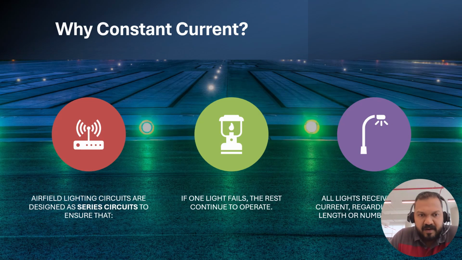Why constant current? Usually airfield lights are connected in series, by connecting isolating transformers. From the transformers we pull the cables throughout the duct bank, primary and secondary, coming to the isolating transformer.